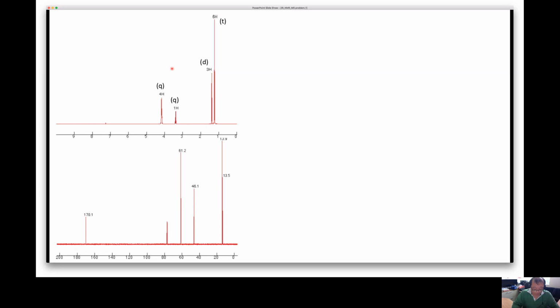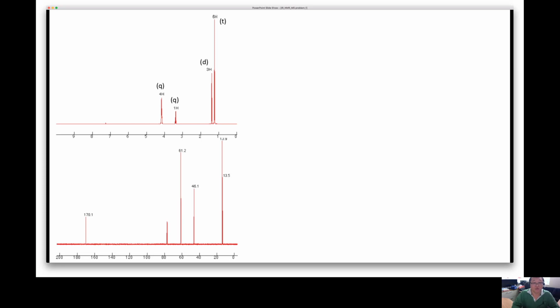And then if we look at this pattern, Q means a quartet, T means a triplet. I know this is four hydrogens, not two, but if you remember that two hydrogens give a quartet and three hydrogens a triplet, that is an indication of an ethyl group, right?